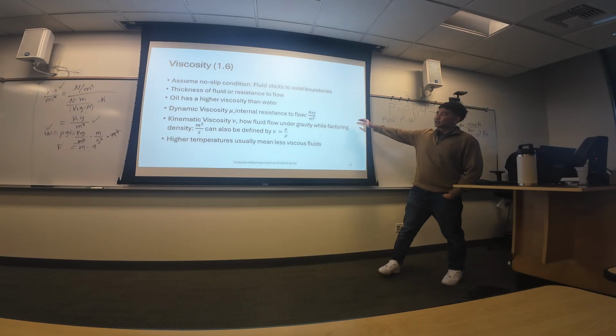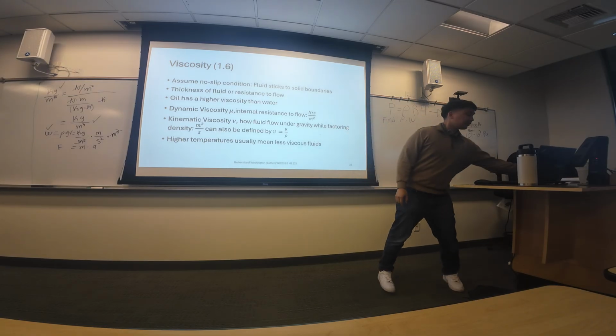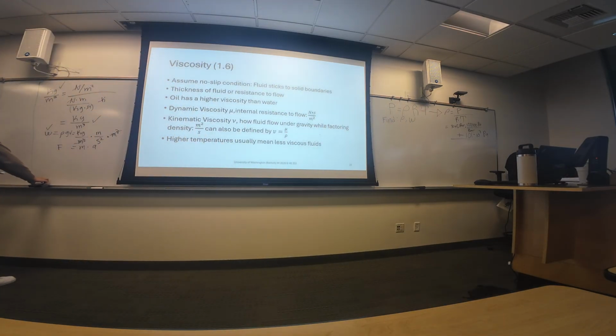So we assume this no slip condition. This basically means if you have, I'll leave this up here. Everyone's good with this? You want to take a picture if you want, but it'll be in the slides.